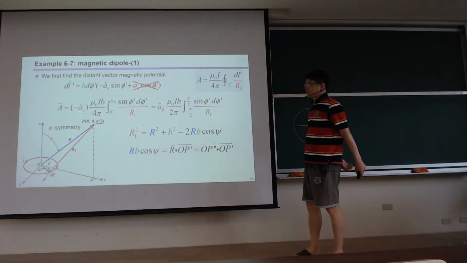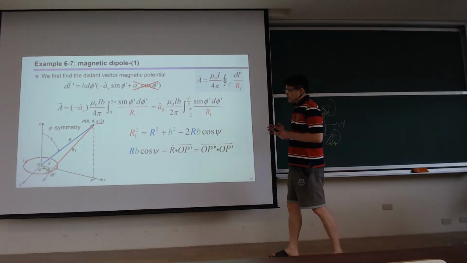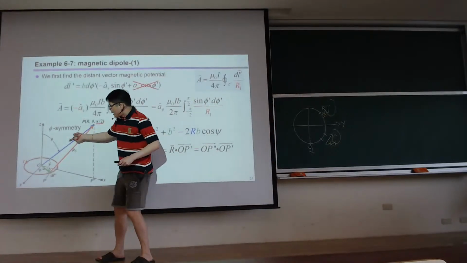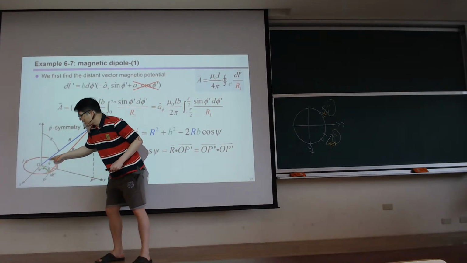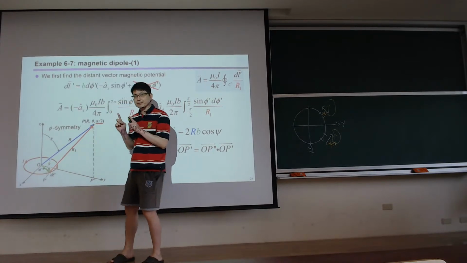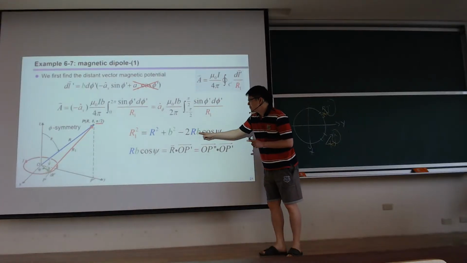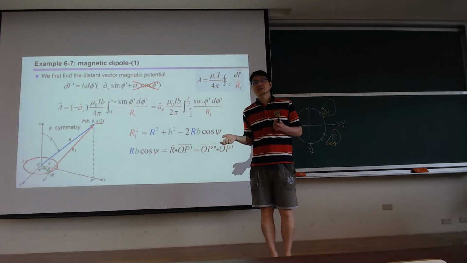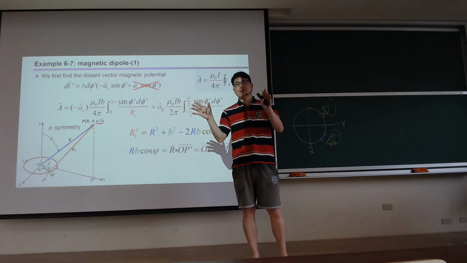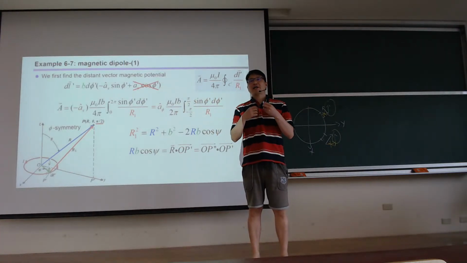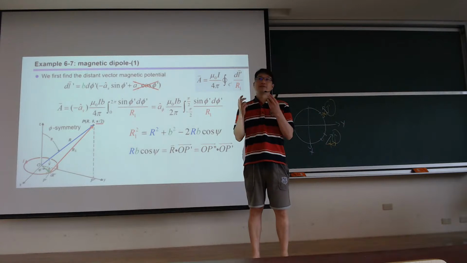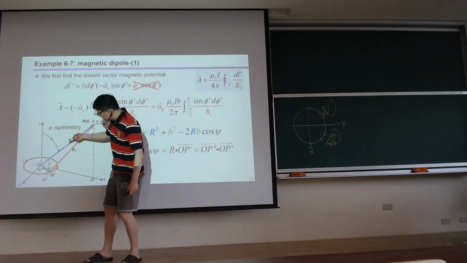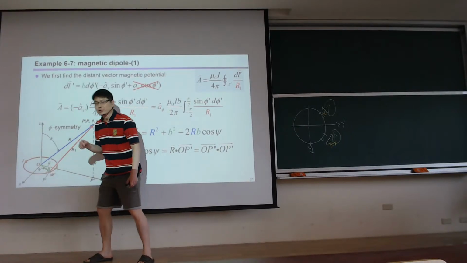Now we can use this fact to find the proper expression for R1. So this is purely math. All we're trying to find is RB cosine psi. R and B now have a three-dimensional angle. But if you remember, what is RB cosine psi? Whenever you have two magnitudes multiplied by a cosine, you are actually performing the dot product of two vectors. You are performing this R vector dot product with this B vector.